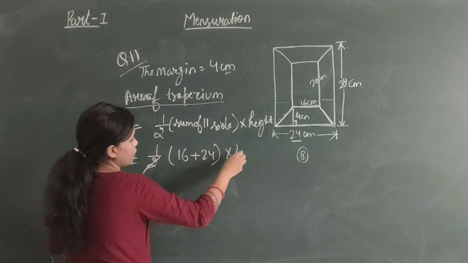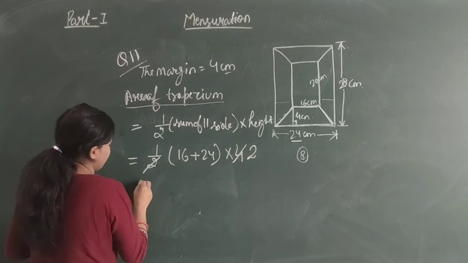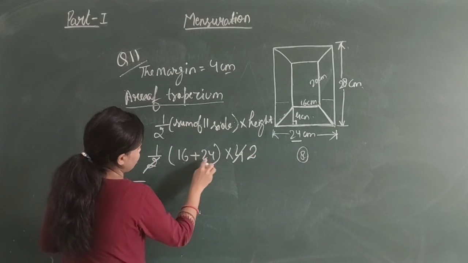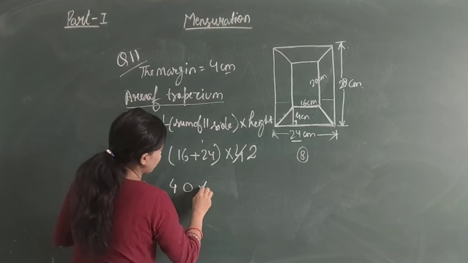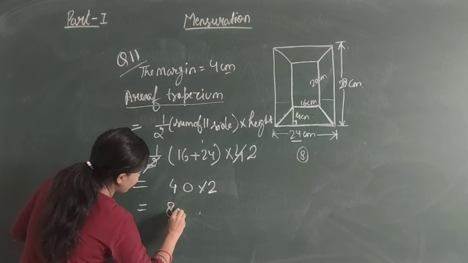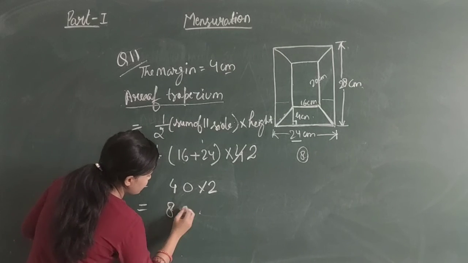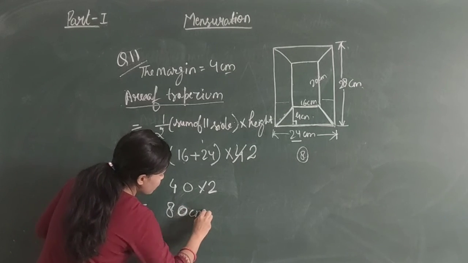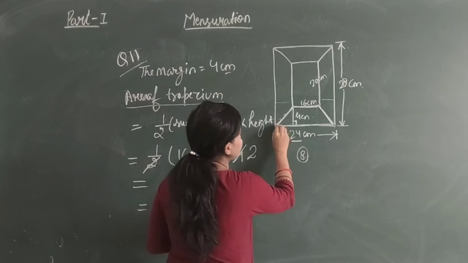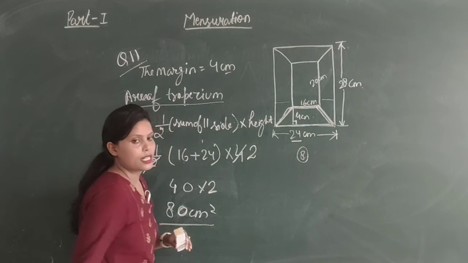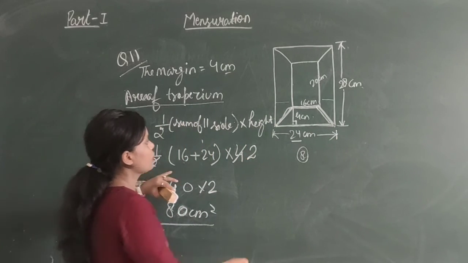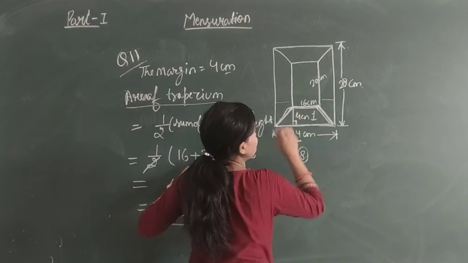On solving, we will get 40 multiply 2, that is 80 centimeter square. The area of this part is 80 centimeter square. We can mark it as number 1.